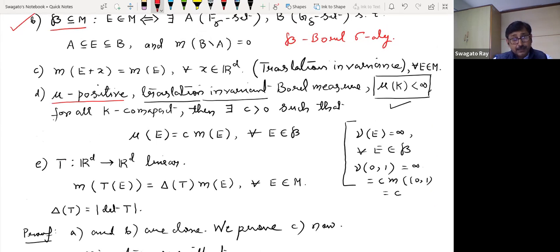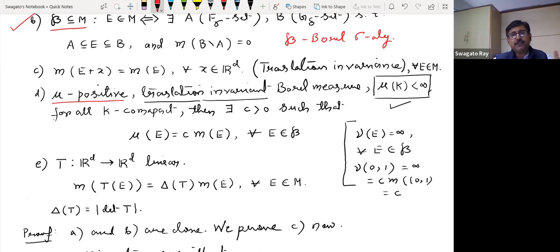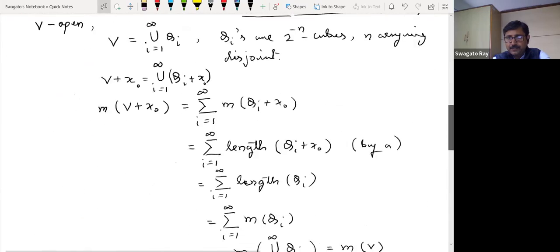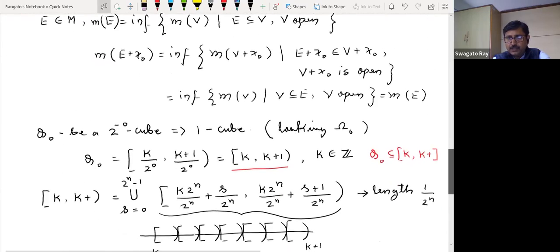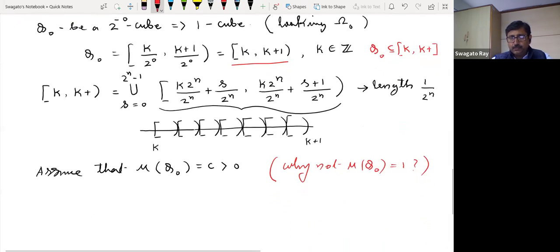That is something which Lebesgue measure does, but mu is any measure which is just positive translation invariant and the measure of a compact set is finite. So mu is not Lebesgue measure. I don't know that, right? So can anybody now answer my question, why not mu of Q0 equal to 1? Well, the answer is because nobody said that mu is Lebesgue measure. It's just any measure. All I know is that the measure of Q0 has to be finite. So that finite number I call C.